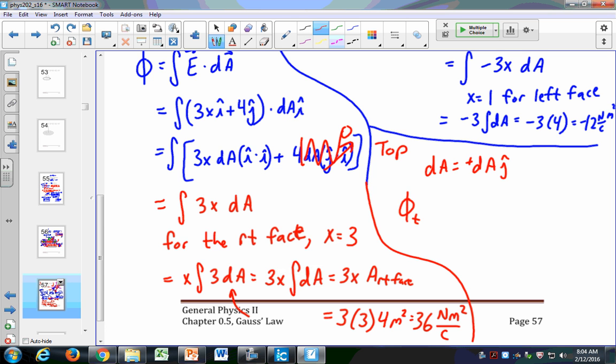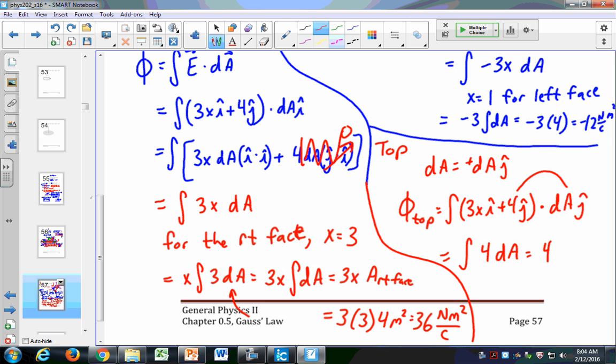So the flux on the top is going to be the integral of 3x i plus 4 j dotted with dA in the j direction. In this case, I only include this dot product because the i dot j goes away. It becomes 0. And so this is the integral of 4 dA, which is 4 times the area, which is 4 times 4, which is 16 Newtons per Coulomb meter squared.